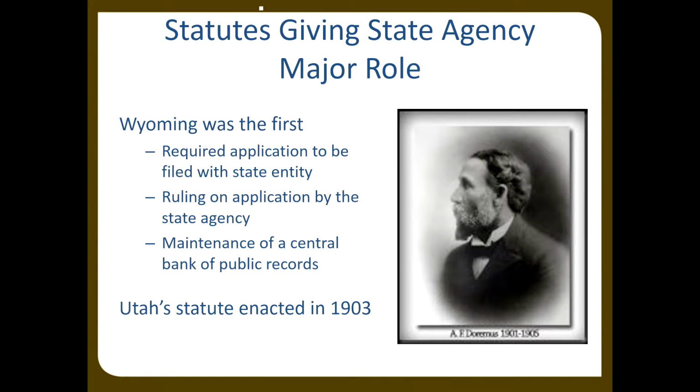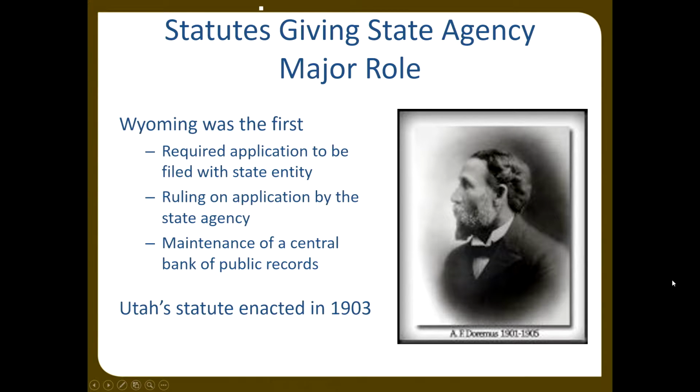Wyoming was the first state to have actual statute that gave the state agency a major role. It required that an application be filed with the state entity, and that there was a ruling on the application by the state agency to say whether they could divert the water or not based on its availability.